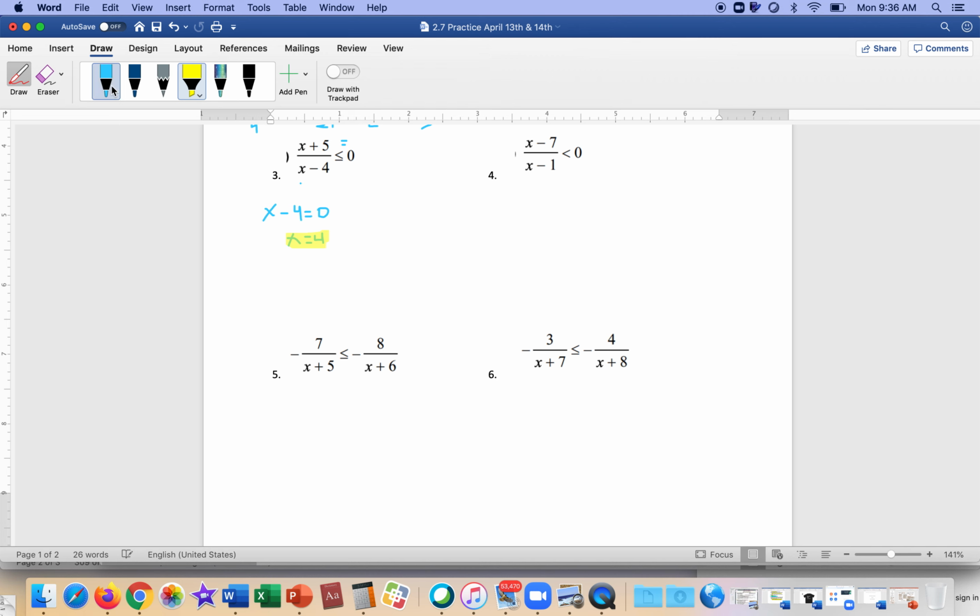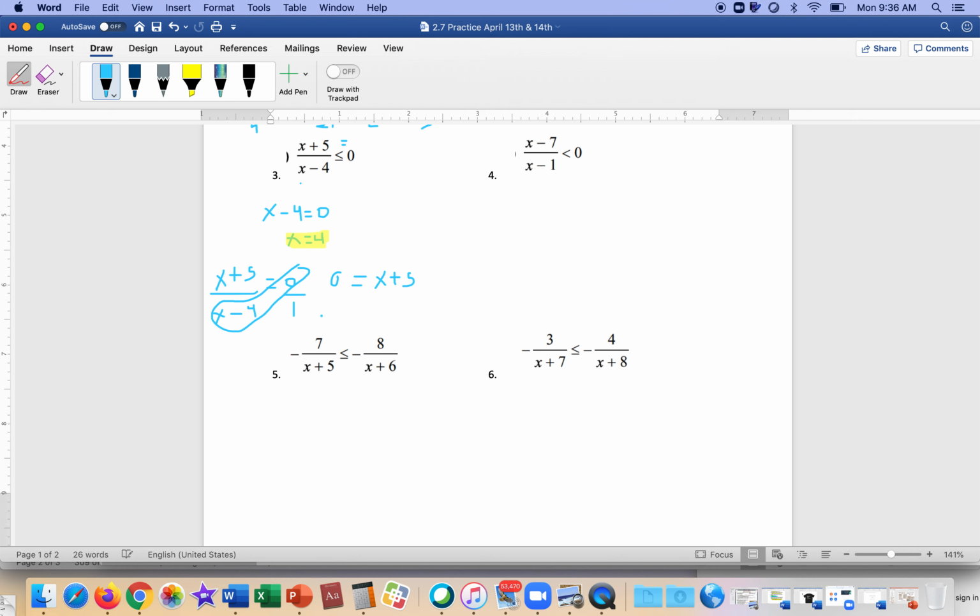And then if we solve, right, if I had x plus 5 over x minus 4 equal to 0, and then if I chose to put this over 1 and cross multiplied, I will get 0 is equal to 1 times x plus 5, or x plus 5.